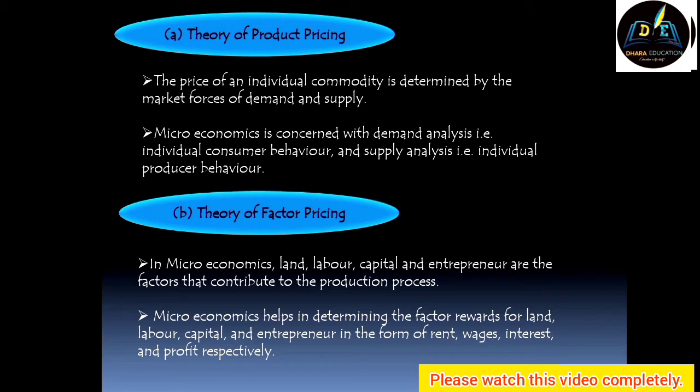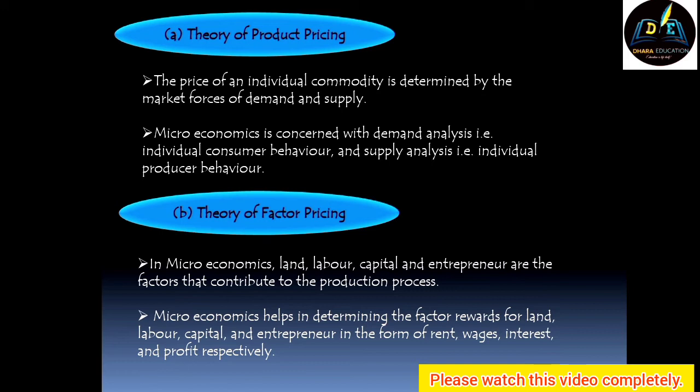Number one is the theory of product pricing. The price of an individual commodity is determined by the market forces of demand and supply. Microeconomics is concerned with demand analysis, that is individual consumer behavior, and supply analysis, that is individual producer behavior.